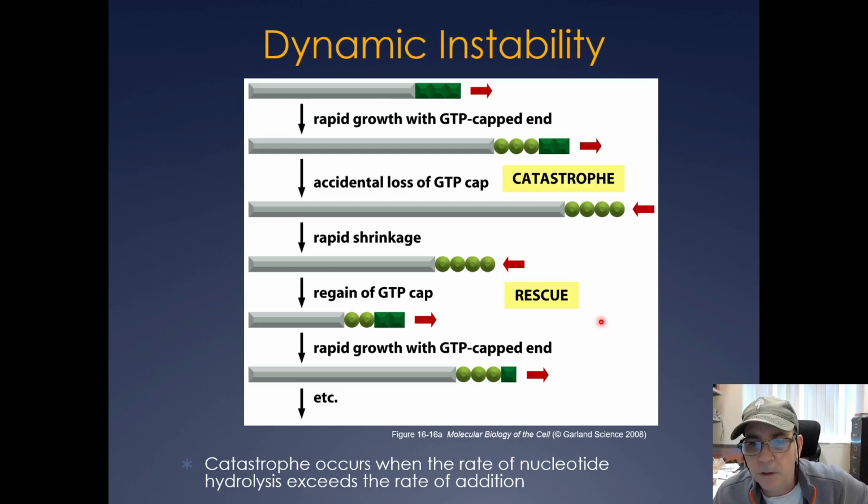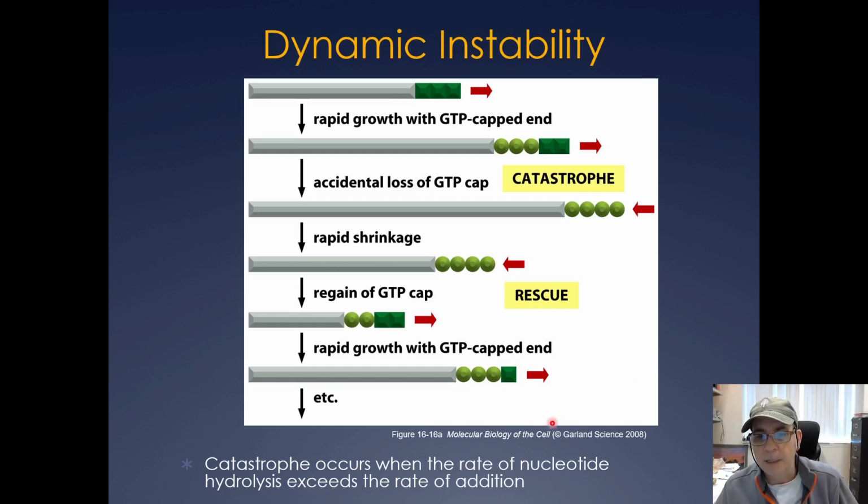Okay, so this is what's called dynamic instability, where the microtubule grows, and then the rate of hydrolysis is faster than the rate of addition, and then you lose the GTP cap, and a catastrophe event happens, and the microtubule starts to rapidly shrink, and then all of a sudden the free subunits in the cytosol will have the GTP bound form, and the cap gets reassembled, and the microtubule can grow again.